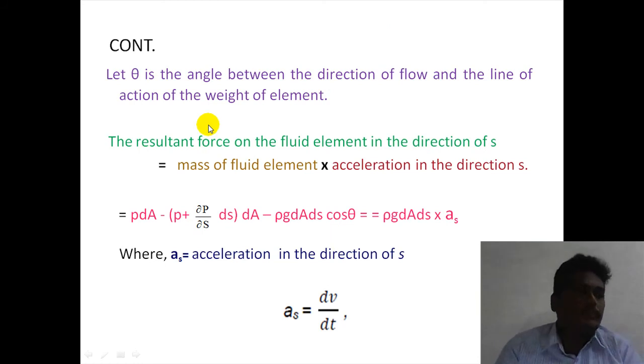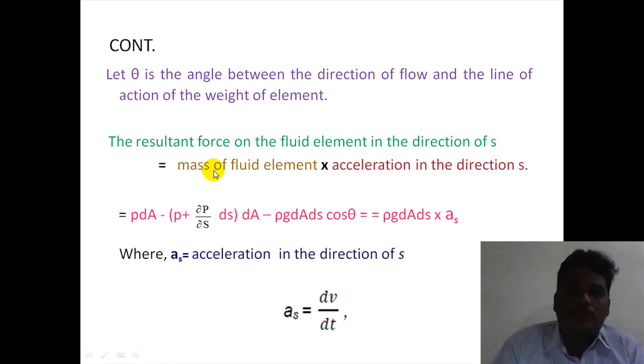Continuing, let theta be the angle made by the direction of flow and the line of action of the weight of the element. The resultant force on the fluid element in the direction s is equal to the mass of the fluid multiplied with the acceleration of the fluid. We know that resultant force F is equal to ma, Newton's second law of motion.